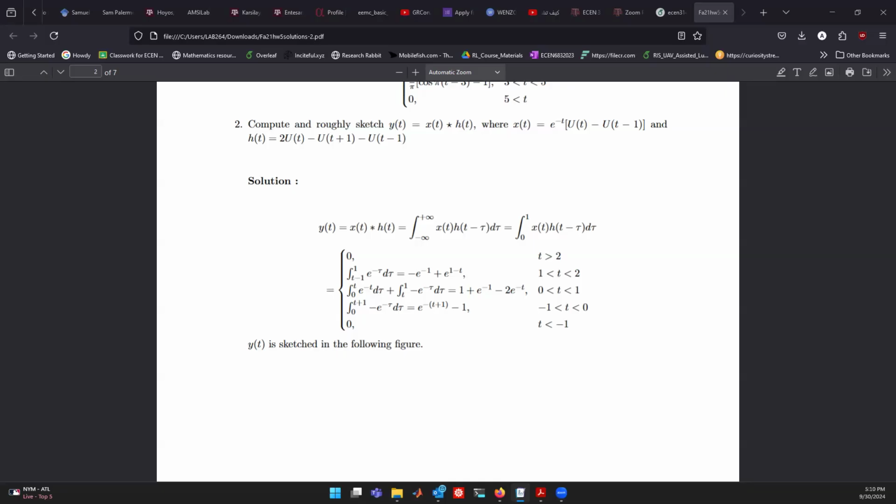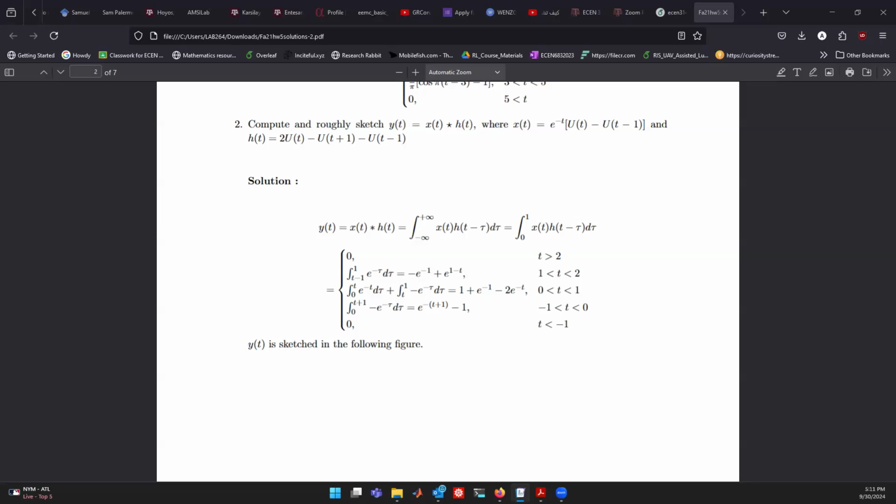So we'll have something like this. This will be h of minus tau shifted by t, while t is between 1 and 2. So we'll have overlapping in this part only.